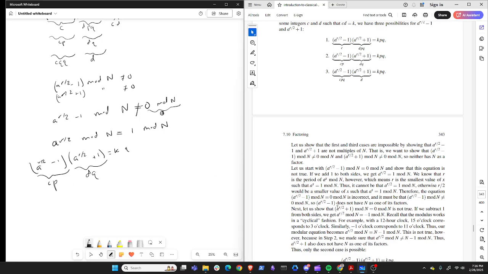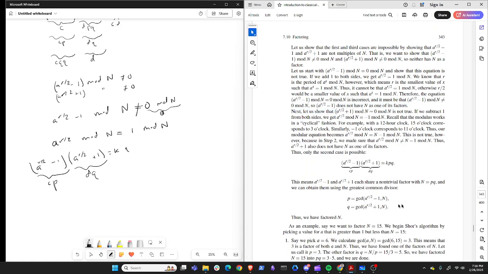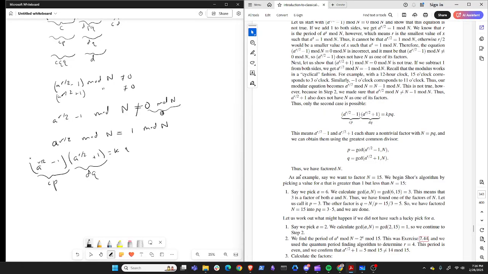So we take p to be equal to the greatest common divisor of a^(r/2) minus 1 and n, and q is equal to the greatest common divisor of a^(r/2) plus 1 and n, because they each share a non-trivial factor with n, which is pq.